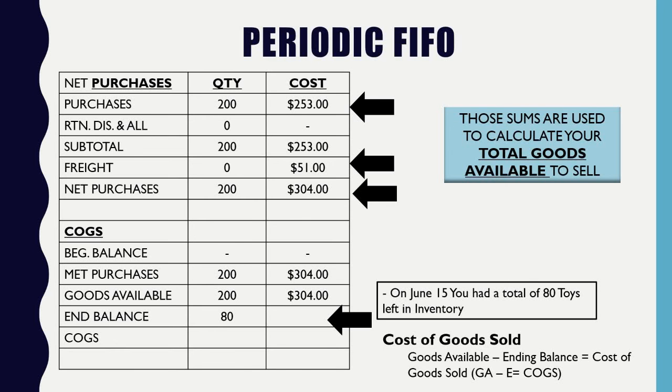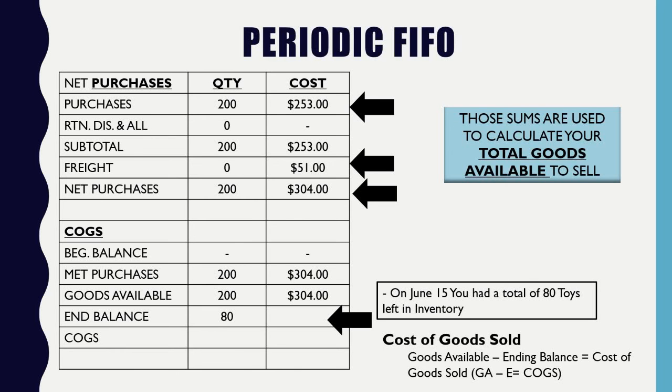We're going to skip purchase returns and allowances for now, but once we completely understand the beginning first, then I'm going to introduce it, and we're going to make it a little more complex to see what happens when there is a purchase return and how it affects your inventory. But for now, I only want you to know the basic concept here.